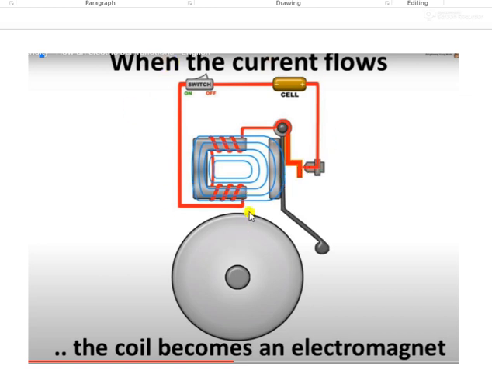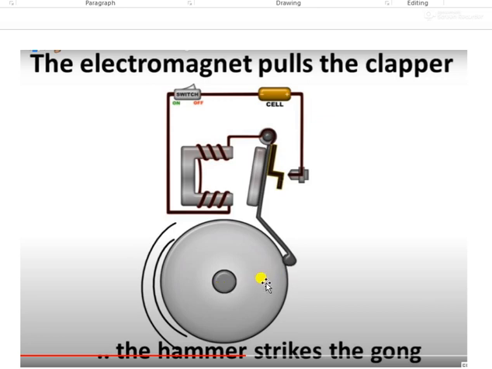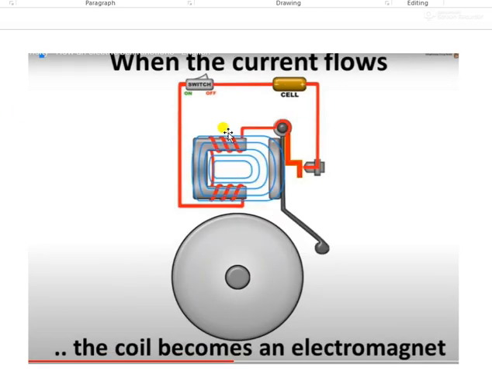The circuit will complete, so current will flow. Again this iron rod behaves like a magnet and attracts the iron striker. And when it attaches, again it will give the sound of a bell. Again this connection will disconnect, the current stops, and it comes to the original position.